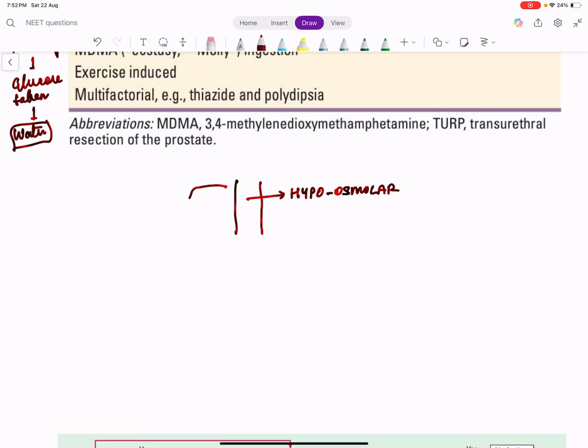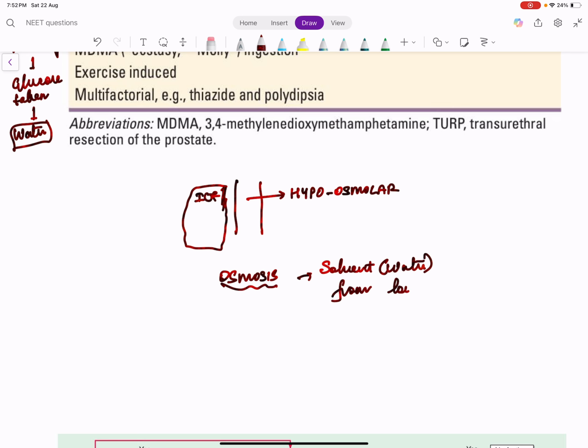What happens to the intracellular compartment? The ICF is normoosmolar. So we know that the process of osmosis happens. Osmosis is movement of solvent. Solvent is nothing but water. Movement of water from region of low concentration to region of high concentration.